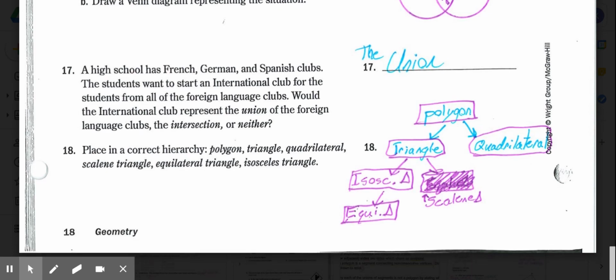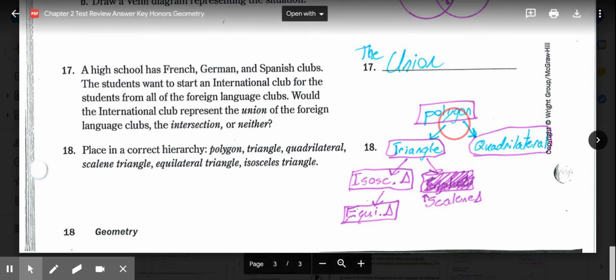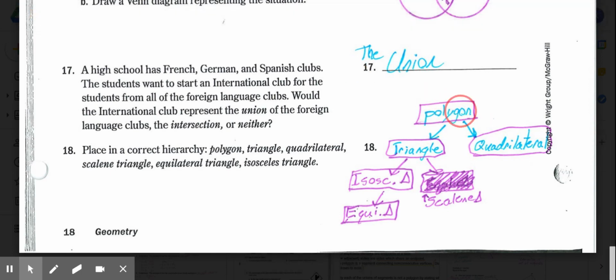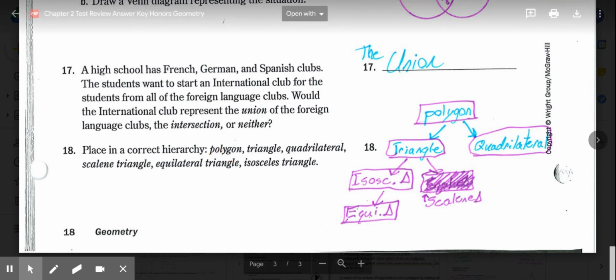And then 18, dealing with our hierarchy. So keep in mind, with a hierarchy, the term you start with at the top is your broadest term, or the most general term. So when we have polygon, triangle, quadrilateral, scalene triangle, equilateral triangle, and isosceles triangle, our most broad term is simply polygon.